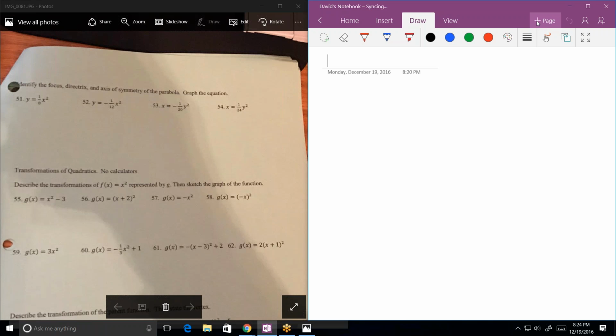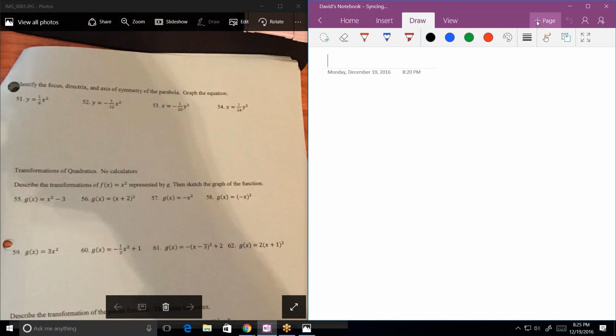Okay, and then finally, what's the +2? Up 2. Right, that's a vertical because it's outside the function. There's only 3 vertical things you can do and 3 horizontal things you can do. So if you determine that you're either inside or outside the function, that's huge because now you only have a choice of 3 things to pick from. But the most important thing is figuring out whether it's vertical or horizontal transformation.